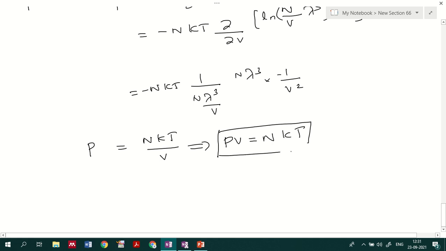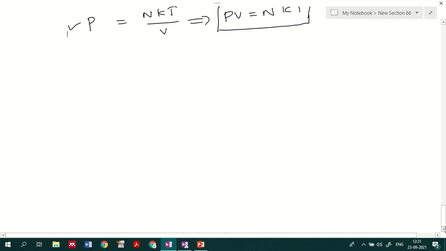So this is how we have the notation, and from this we get the pressure as well. Pressure we identified as NkT divided by V.